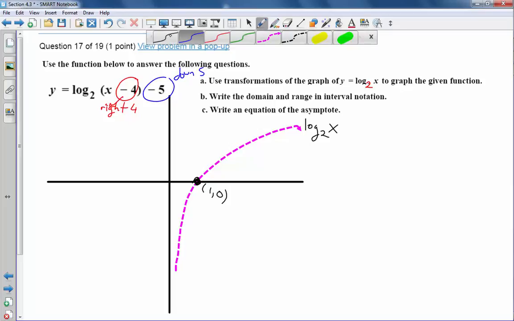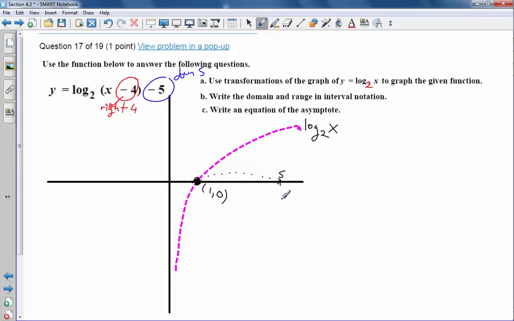So, can we do this all at once? Down 5, right 4. So 2, 3, 4. 2, 3, 4, 5. So the point first moves here. 4 right. Right? 1 becomes 5 if I move it 4 right. And 5 down.